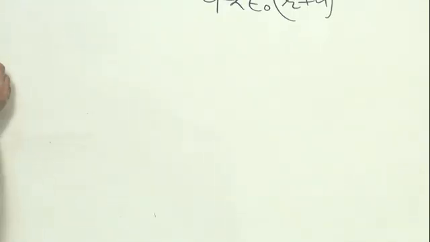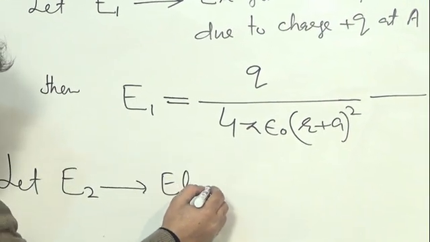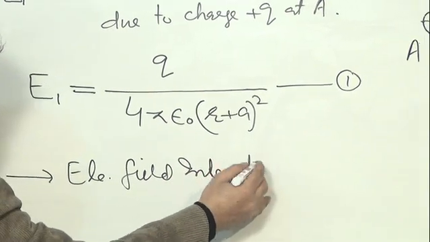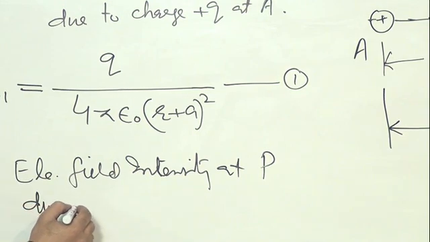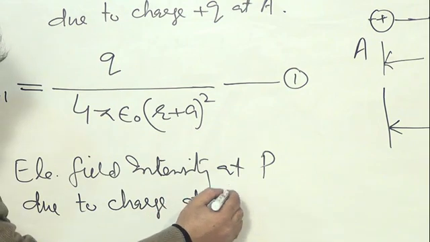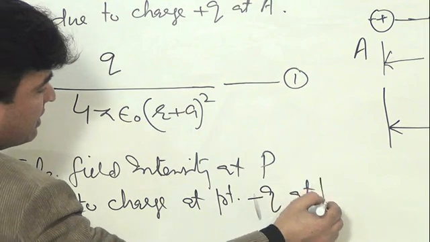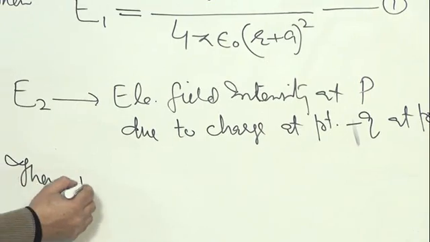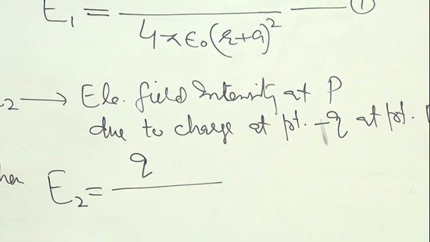In the same way, let E2 be the electric field intensity at P due to charge minus Q at point B. Then E2 will be equal to Q in magnitude.